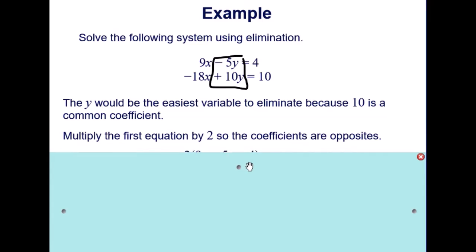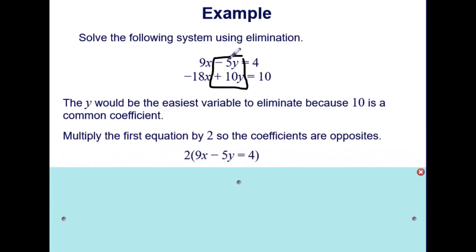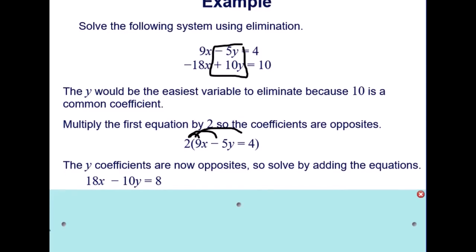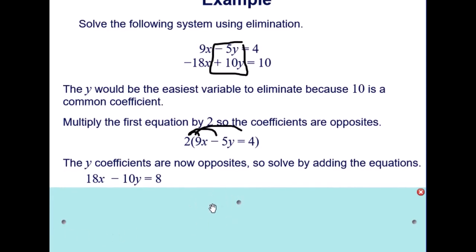So we're going to multiply the first equation by 2 so that the coefficients are opposite. Negative 5 can turn into negative 10 very easily by multiplying by 2. If we distribute the 2, that creates 18x minus 10y equals 8. Now the coefficients are opposites, so we're going to solve by adding the equations.